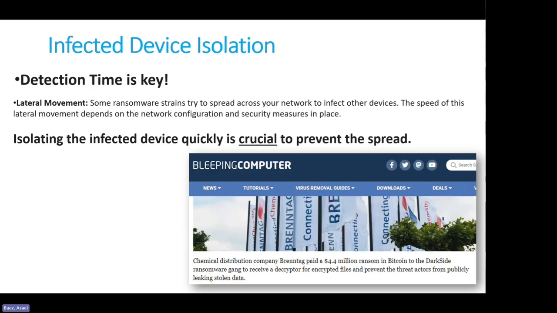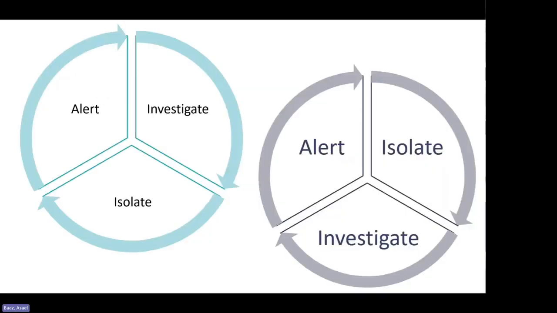As you may know, they work this full time, and that's why companies that are large and have millions of dollars in investment in security get breached constantly, unfortunately, and it shouldn't be that way. So isolating the infected device quickly is crucial to prevent the spread.